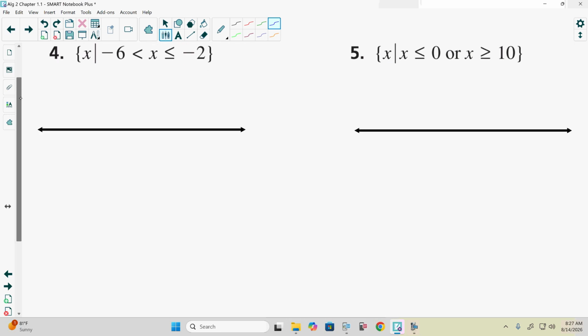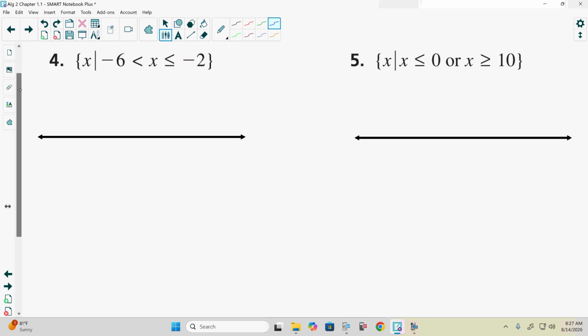For all real numbers x such that negative 6 is less than x is less than or equal to negative 2. This seems like it's completely different because if you notice the number line has no numbers, yes? Doesn't matter. What are our endpoints for this? Especially on the homework, this is all I'm expecting. You give me a number line, we get the points.